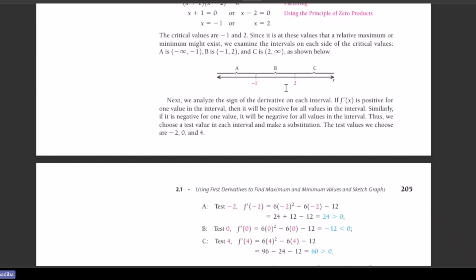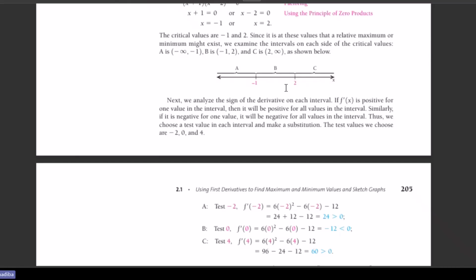In the first column, in the first row, I requested you to write the word interval. Then in the second column, open bracket, minus infinity, comma, -1, close bracket. In the next column in row 1, you will have open bracket, -1, comma, 2, close bracket. Then in the fourth column, in the first row, you will have 2, comma, positive infinity. Are we together? Yes, sir.